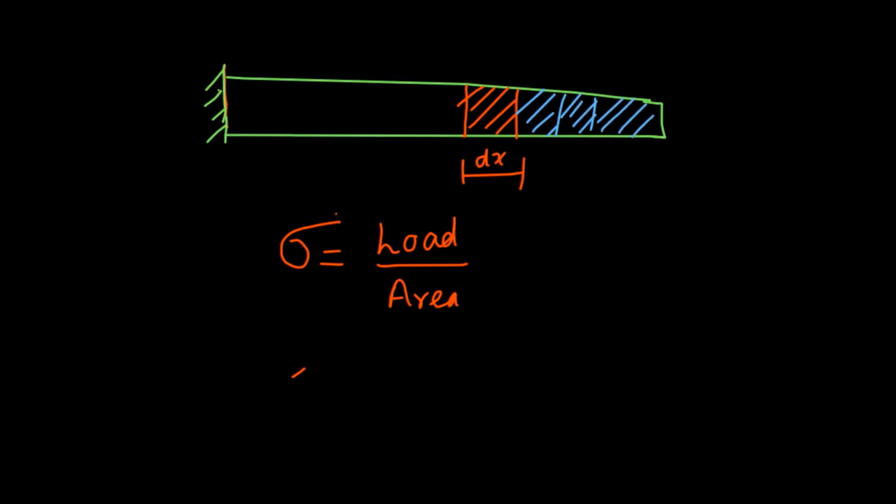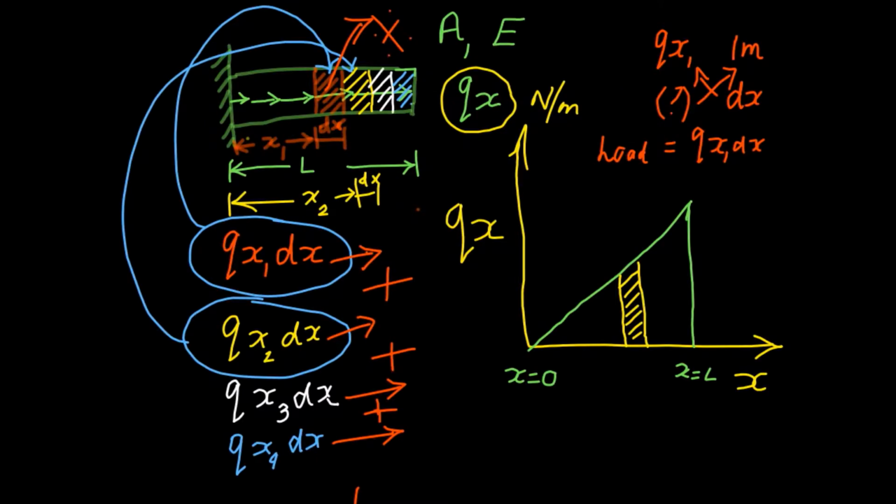So how do you find the weight of all the loads? I just told you the equation. The weight of all the loads is qx1 into dx plus qx2 into dx plus qx3 into dx plus qx4 into dx.